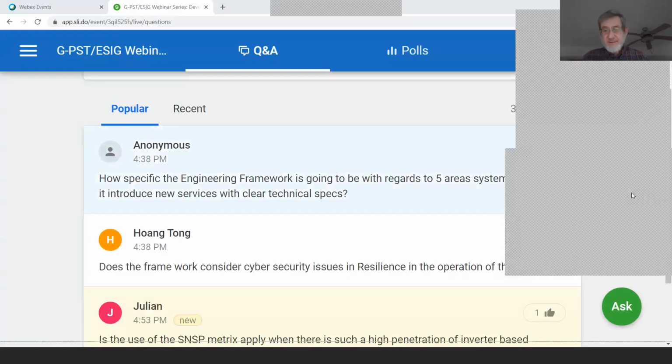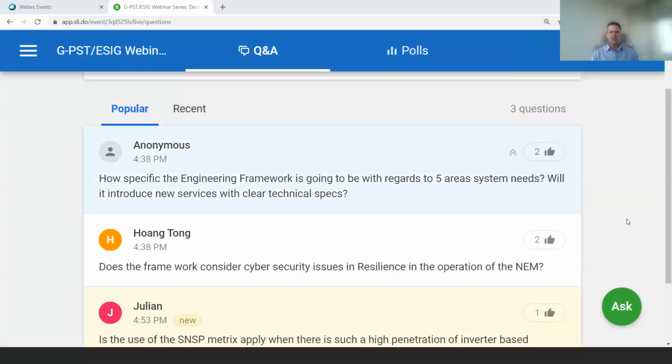Another active question. The engineering framework is intended to identify the needs and provide input to the market reforms and market designs. It certainly highlights the need that we have for system strength support, for frequency, for inertia, as well as other such mechanisms.